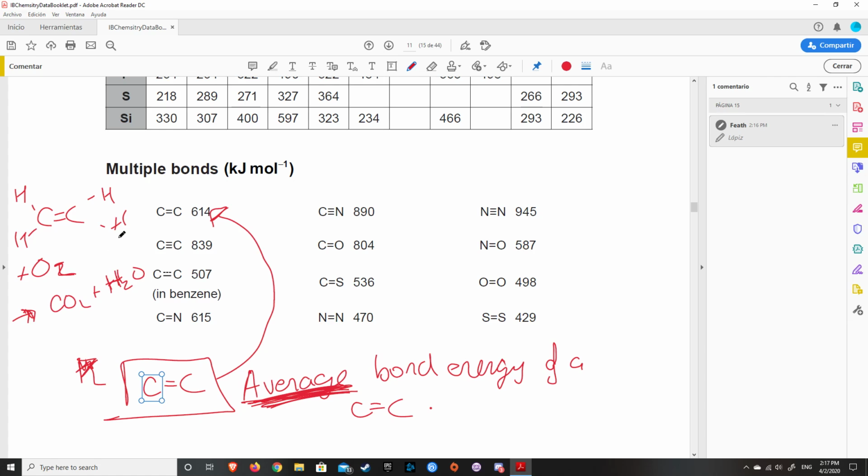So we can do this in two ways. In your data booklet, you've got a section on enthalpies of combustion.